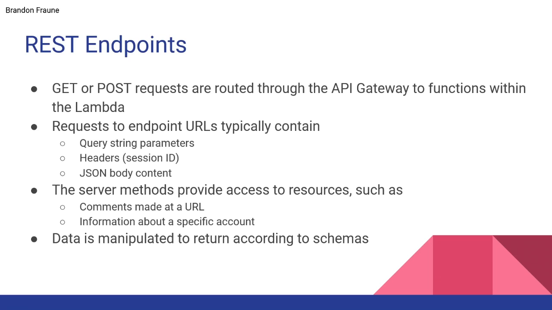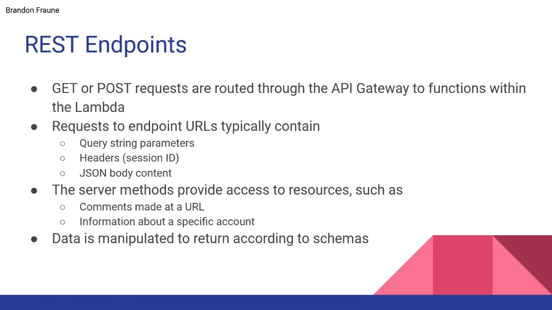I'll talk about the REST endpoints. When you make GET and POST requests, we can understand what kind of messages the client is trying to send. So URLs are going to contain things like query string parameters, headers, or one main header, which is a session ID, and JSON body content.